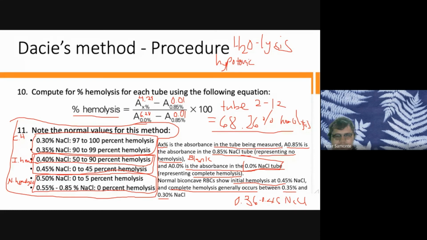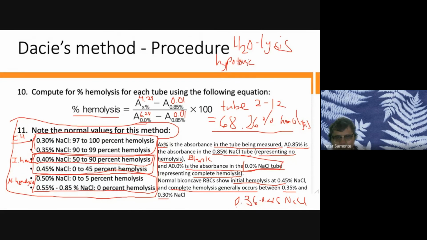So we have 68.26. It falls under 0.40% NaCl because it is 50 to 90% hemolysis. Then remember this rule. Complete hemolysis, class, would generally occur at 0.35 to 0.30 NaCl. So these two refer to complete hemolysis.